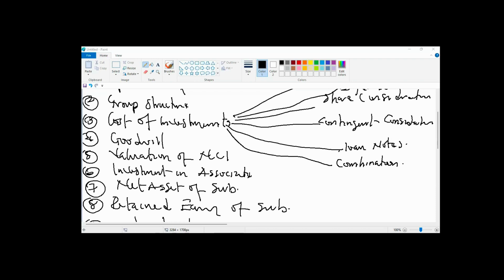Because economic reality is different from the legal term. The legal term is saying two different entities, 1 plus 1.